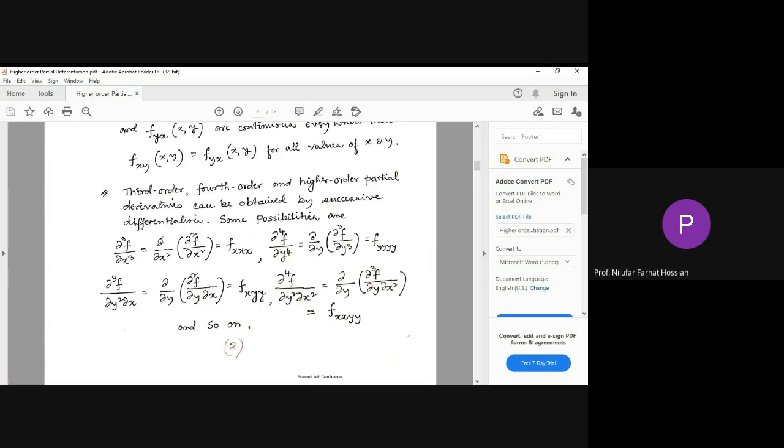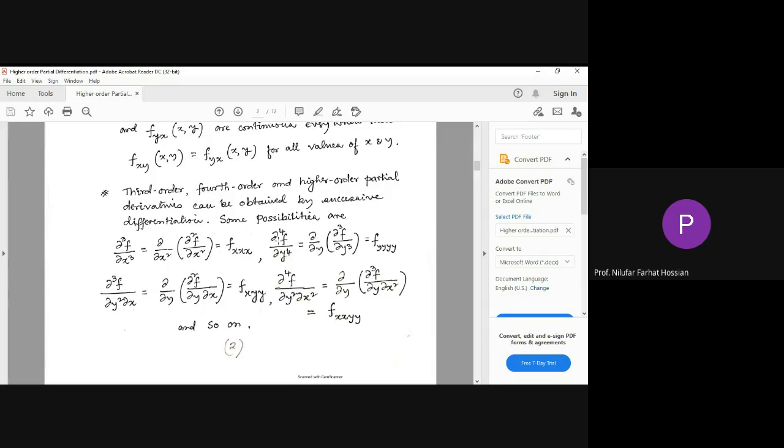We know by now what del square f by del x square is. It means fxx, the second order partial derivative of f with respect to x. So there cannot be any 2 here. Please cancel these two. It will be simply del x because it is of third order. At first it was second order, then with respect to x. So in total it is third order, and with the subscript notation it will be fxxx.